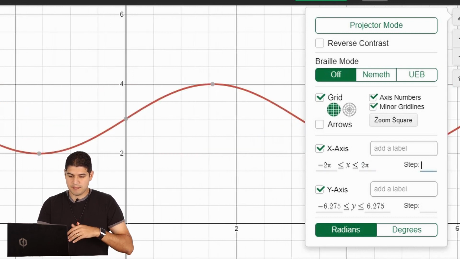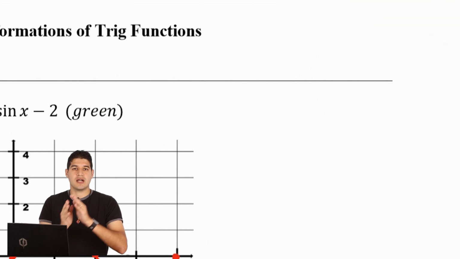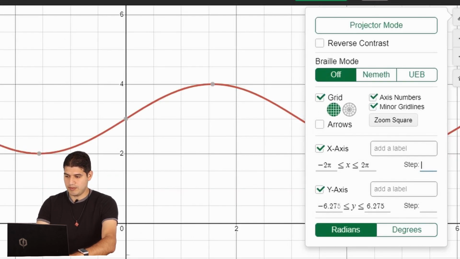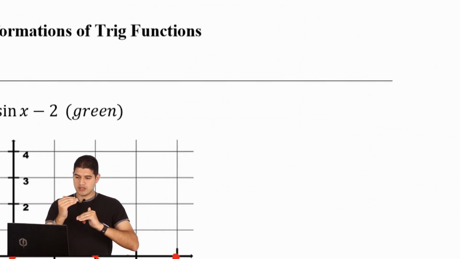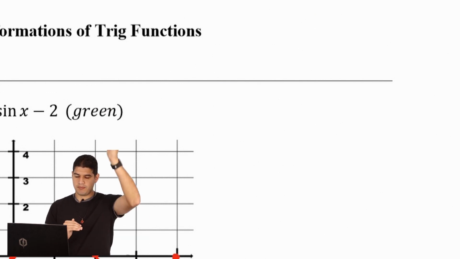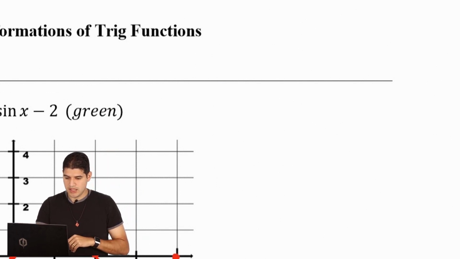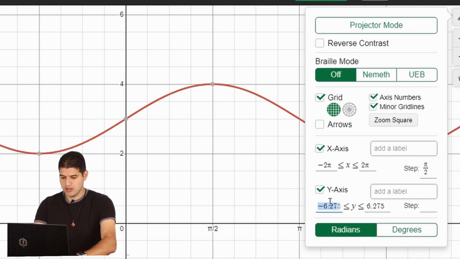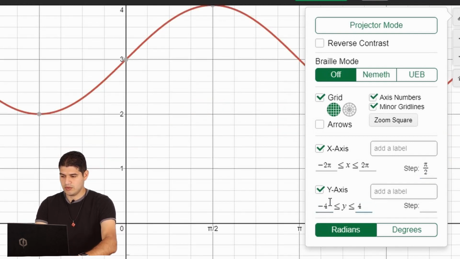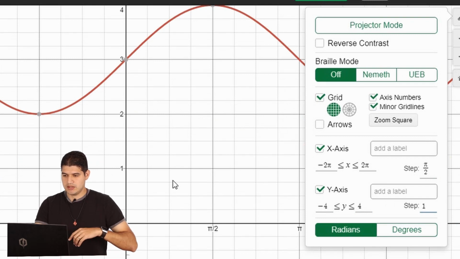And my step, or the intervals that we're going, are pi over 2. So I'm going to put pi over 2 in for my intervals. All right, and then my y-axis is going from like negative 4 to positive 4. So let me put that in, and those are just going by ones.